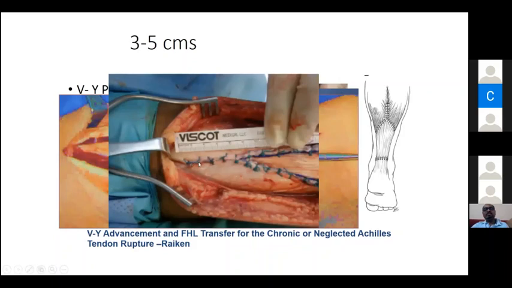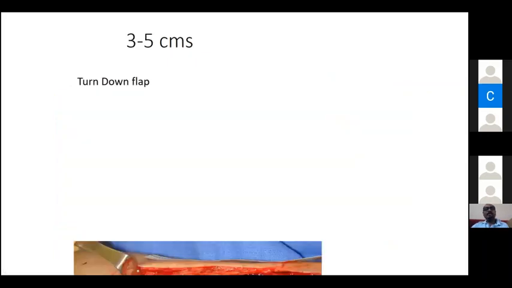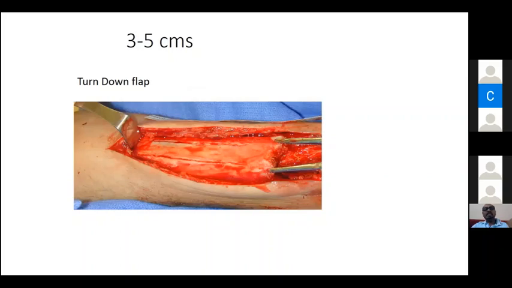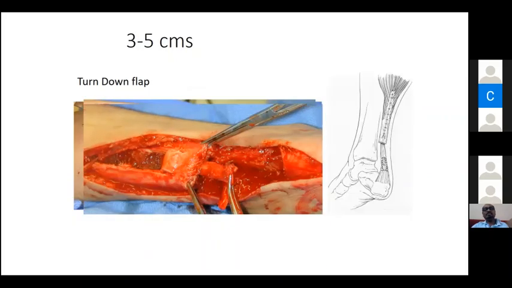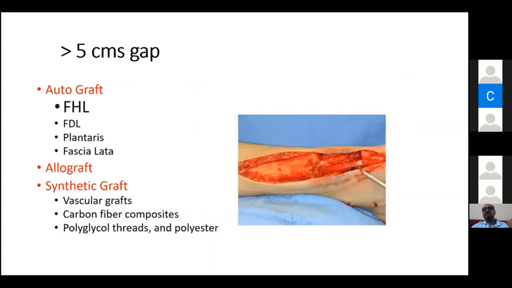So now the aponeurosis is sutured here, and now it becomes Y, and this is the one which bridges the gap. There is another thing called a turn down flap. You take the aponeurosis and turn it downwards, and that's how you cover the gap. The problem with all this, VY-plasty and turn down, is the amount of big incisions.